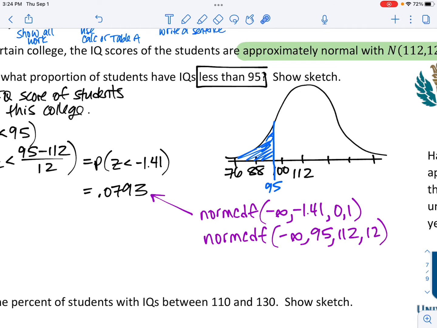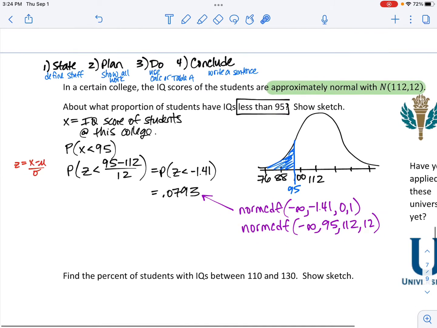Either of those is fine. Just don't get confused because these are all in z-score units, if you will, and these are all in IQ score units, if you will. You do not have to write this onto your work. That's called calculator syntax, and you don't ever get credit for showing calculator syntax. Just fun fact. So this is our answer, 0.0793.